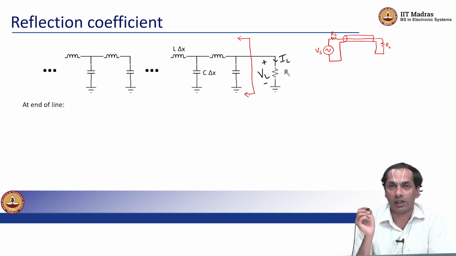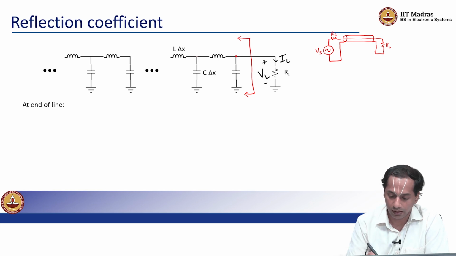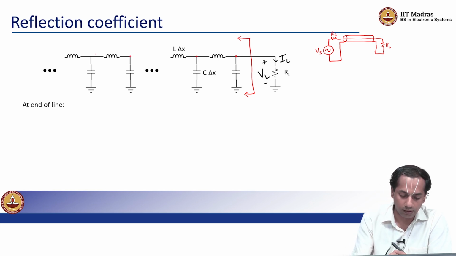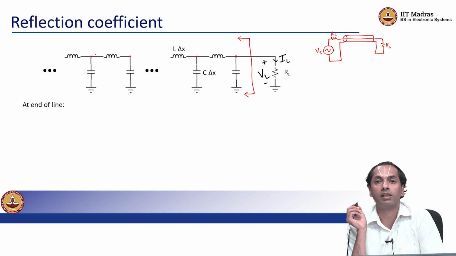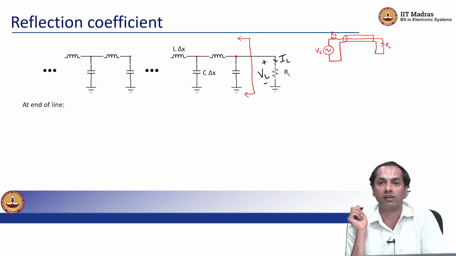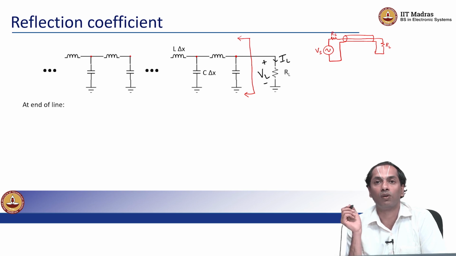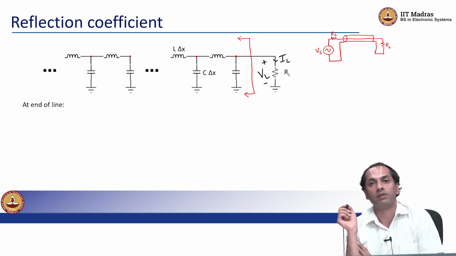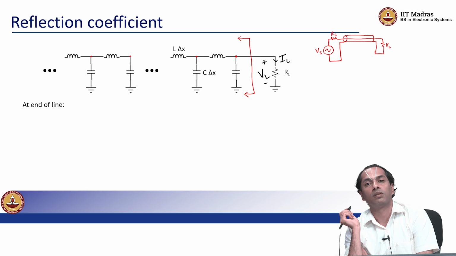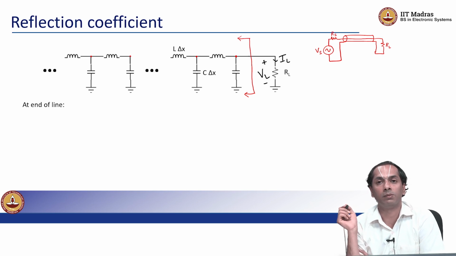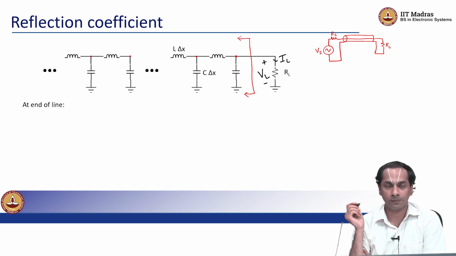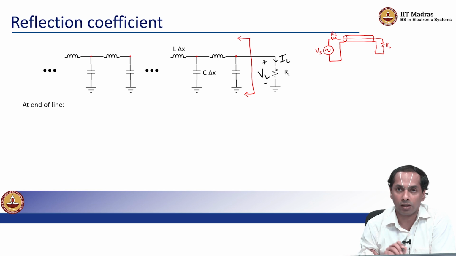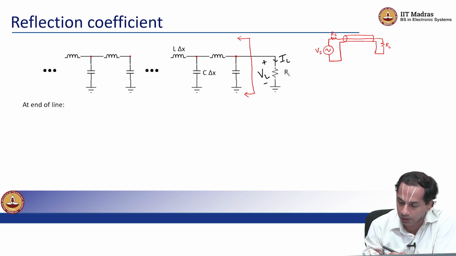At any point along this transmission line, I can associate a certain voltage and a current flowing at that location, and these voltages and currents are of the form V plus plus V minus, and current is of the form V plus minus V minus by Z naught. So let us see how we handle these situations.